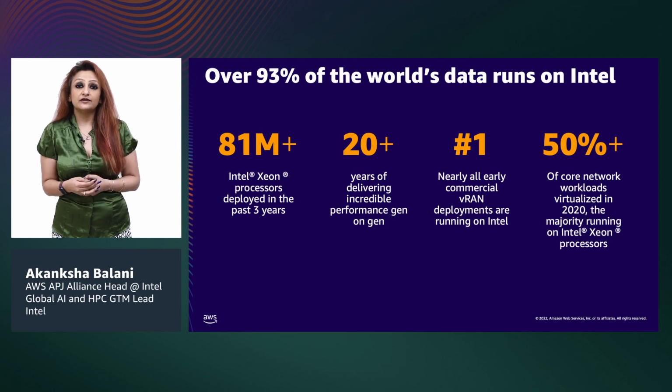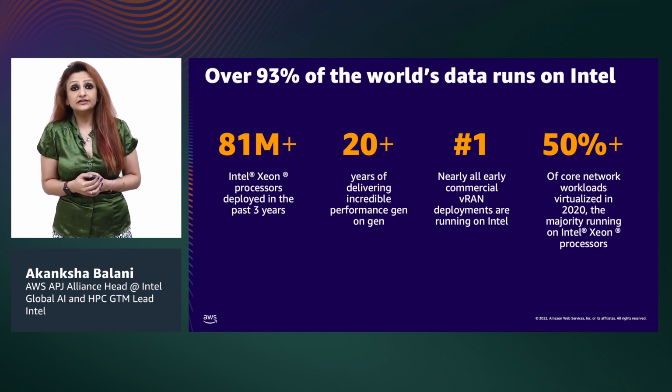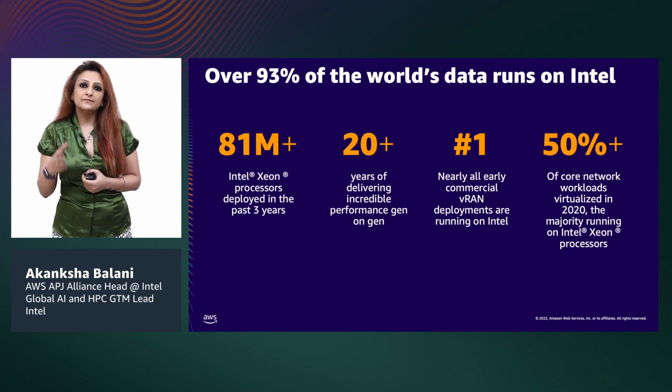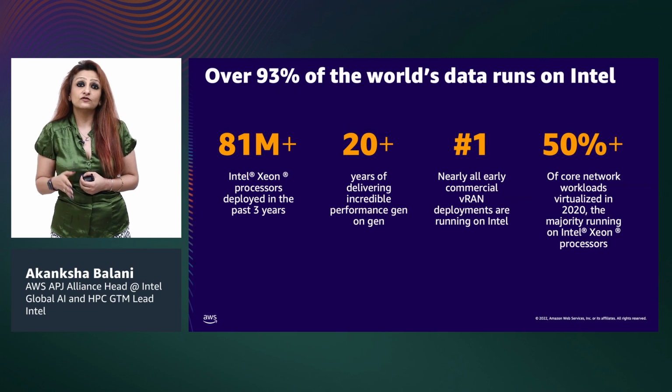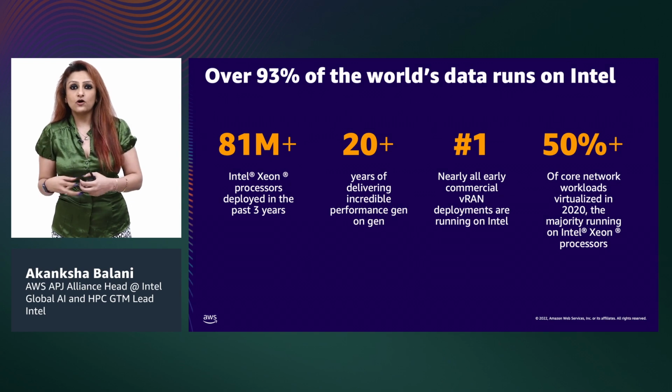Whether you see that we have 81 million Xeon processors that are supporting data center, cloud to edge infrastructure, or the fact that we have 20 years plus of technology leadership that's helping make compute relevant, performant, and bring down TCO for every solution that you own. It is a data-centric journey that we take on, either on the cloud or on the edge.